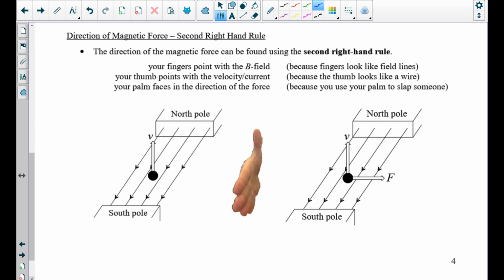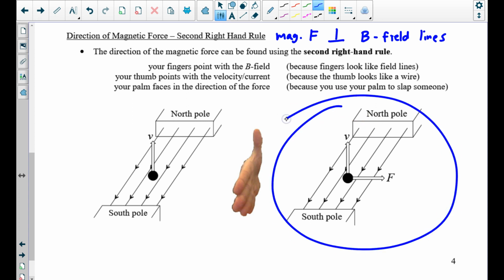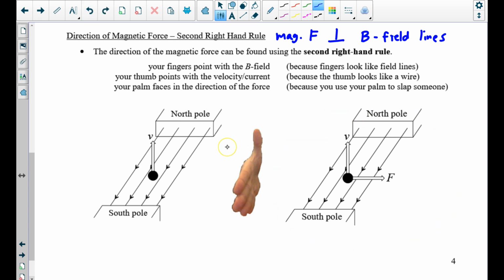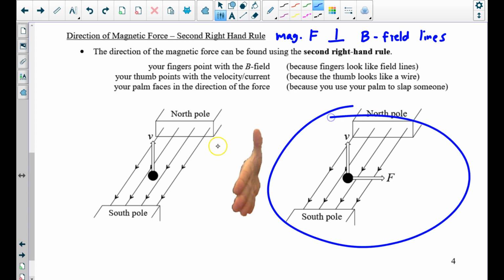For a magnetic force, it will always have a direction perpendicular to the magnetic field lines. And that's kind of weird. Look at this picture down here. Before we consider this rule that you see, just look at the picture.